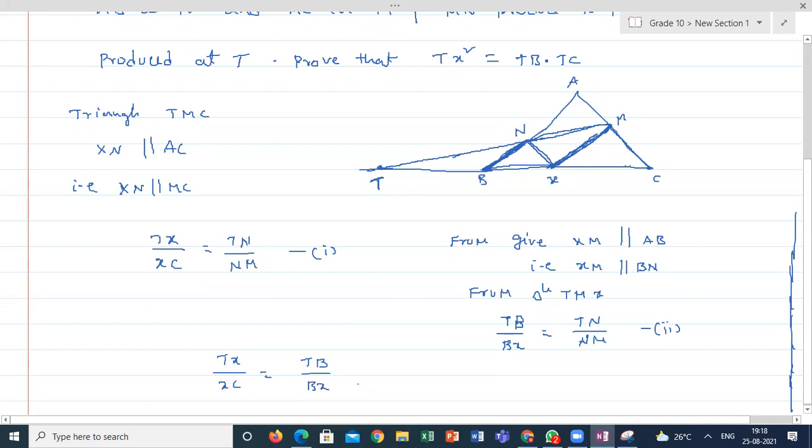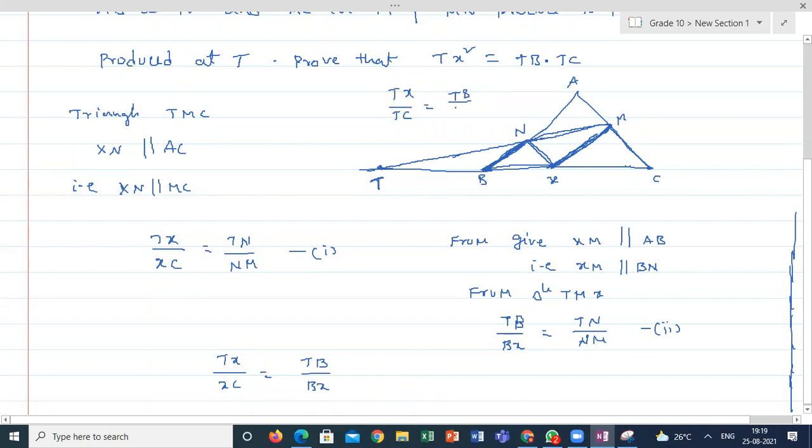But it doesn't help us. If I cross multiply, I get Tx into Bx. What I want is to prove Tx divided by Tc will be equal to Tb divided by Tx.